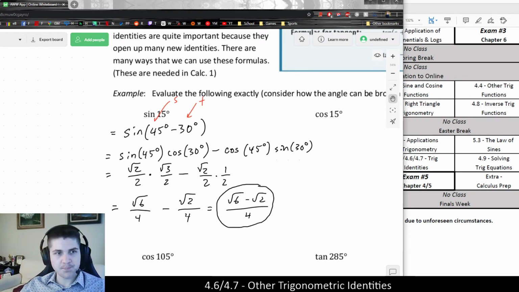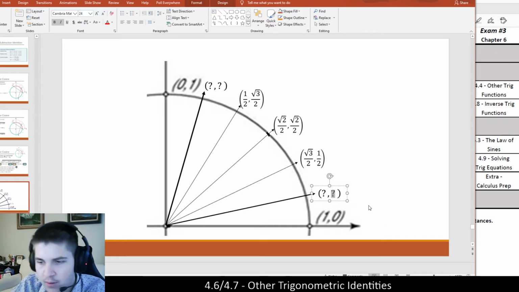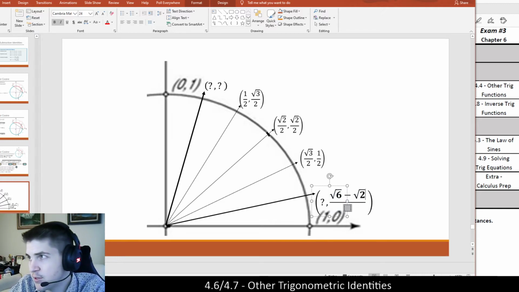So what is the point and what's the summary here? My point is we can figure out what the sine of 15 degrees is exactly. So returning back to my unit circle, the sine of 15 degrees is no longer an unknown value. We can actually figure out what this fraction is, square root of 6 minus the square root of 2 over 4.